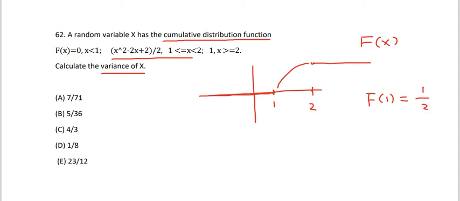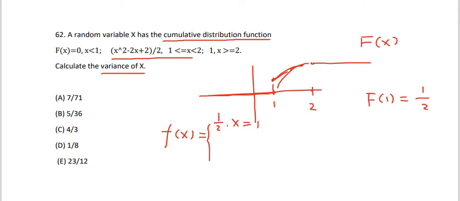So from here, we can see this is 0. So from 0 to half, we have a jump. Because we have a jump, the density function at x equals 1 is one half.